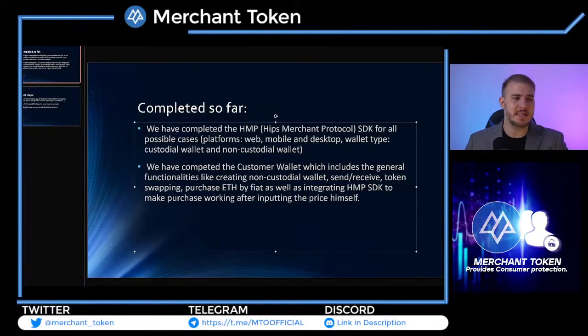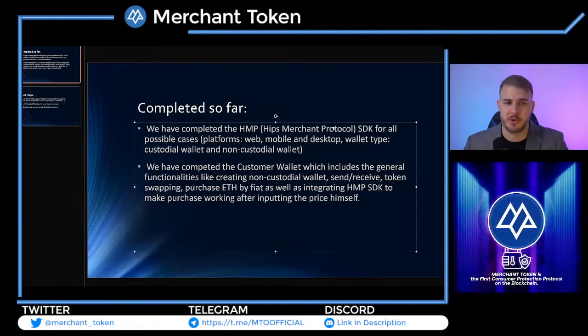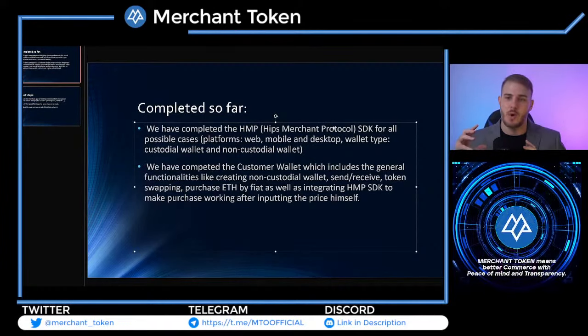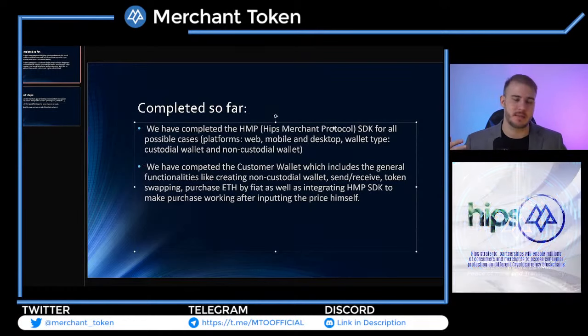So we can see here that this is what the developers have completed so far. We have completed the HIPS merchant protocol. For those of you who don't know, the HIPS merchant protocol is basically the part where you will be able to do purchases, pay the consumer protection, and raise complaints if you haven't received any items or anything.